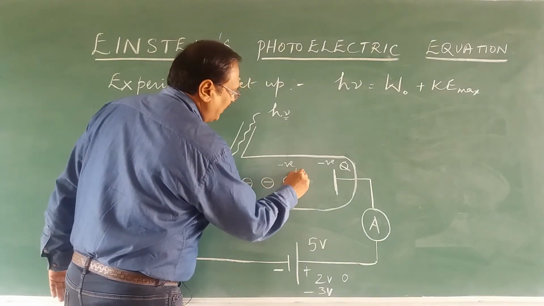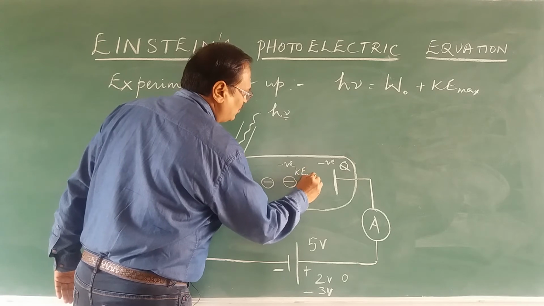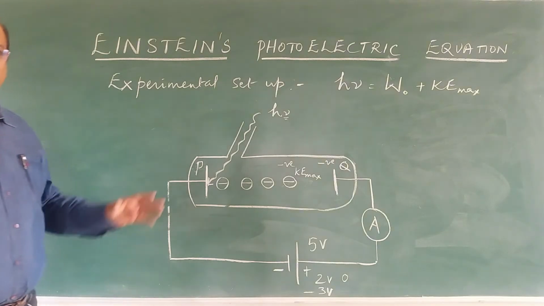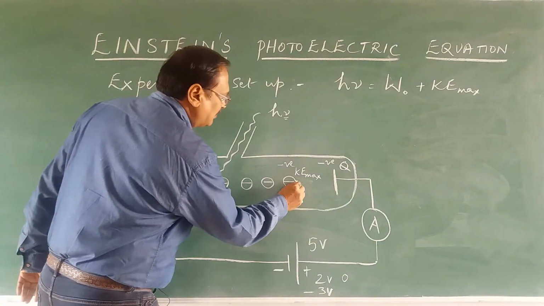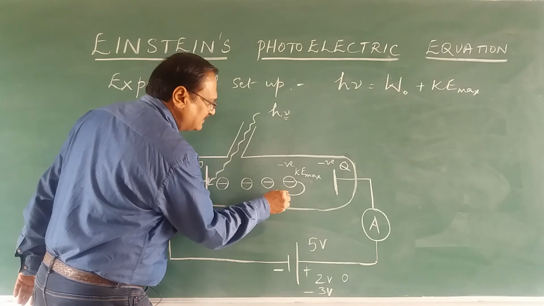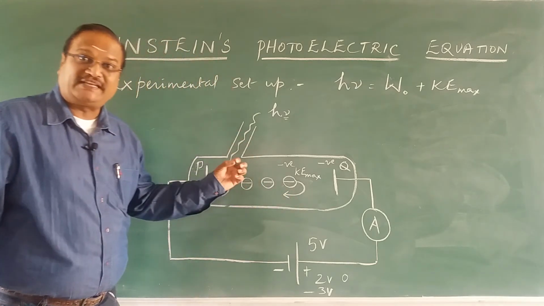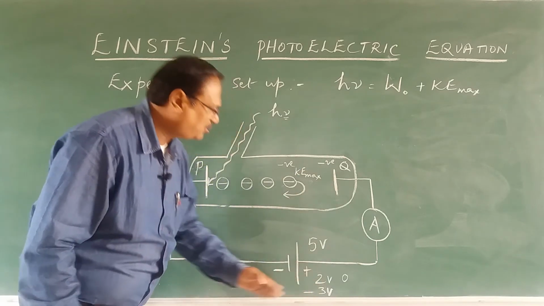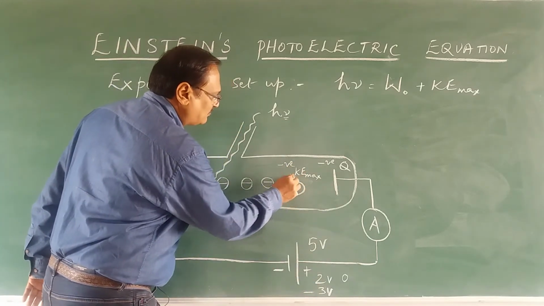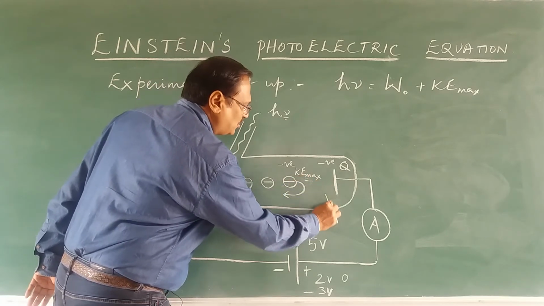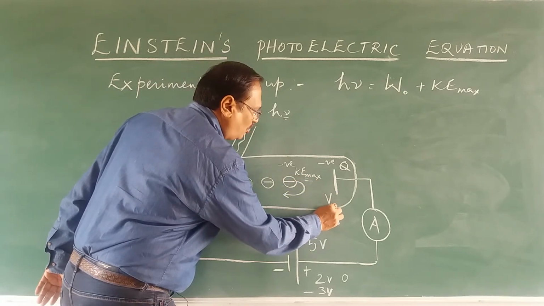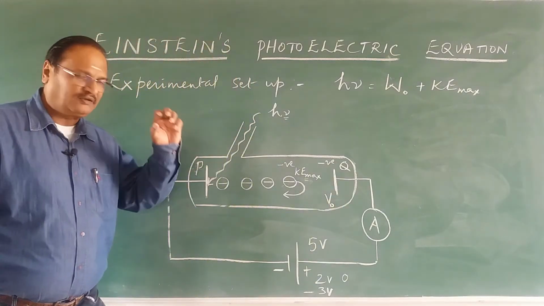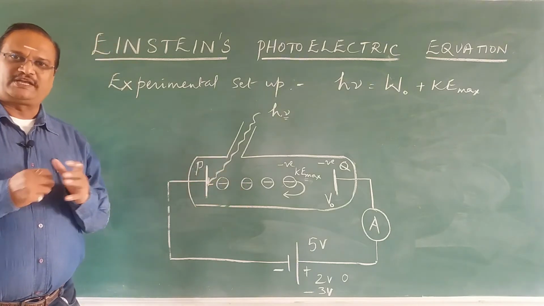If it is not maximum, it will bounce and return back like this, right? At that potential where the electron with maximum kinetic energy just fails to reach, that potential is called stopping potential. I hope you get my point.